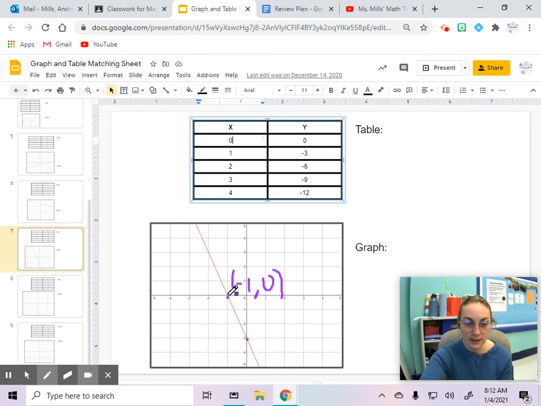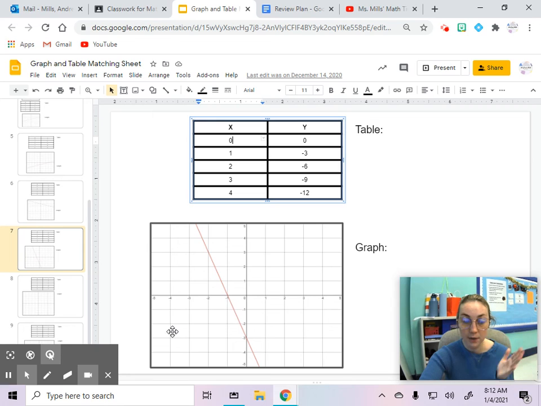Because on the x-axis, it's at -1, and on the y-axis, it is at 0. And this ordered pair is at 0, -3, because on the x-axis, it's at 0, but on the y-axis, it's at -3. You have your two ordered pairs. You can put them in the slope formula like I just did, and you'll find the slope of this graph as well. All right. Cool.